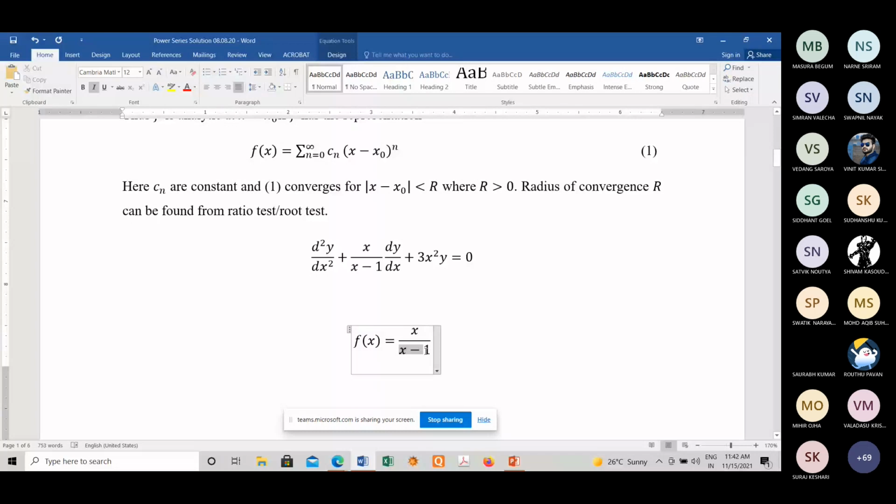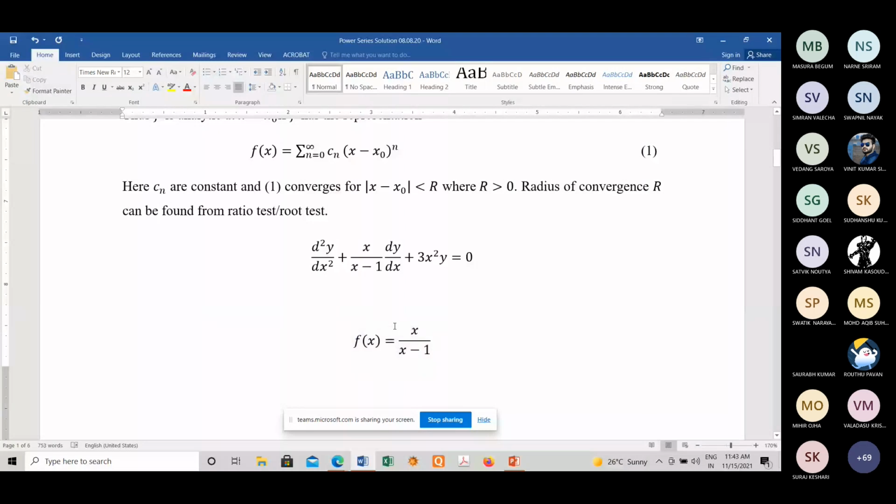Because when x equal to 1, what will happen? This f(x) will tend to infinity as x tends to 1. What is the meaning of this? It means this function is going to diverge. So when we write its series, that series will diverge at x equal to 1, so that will not be a convergent series.